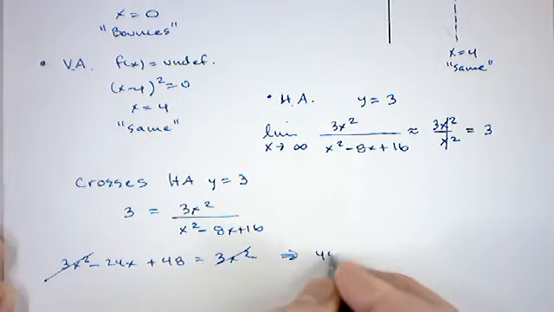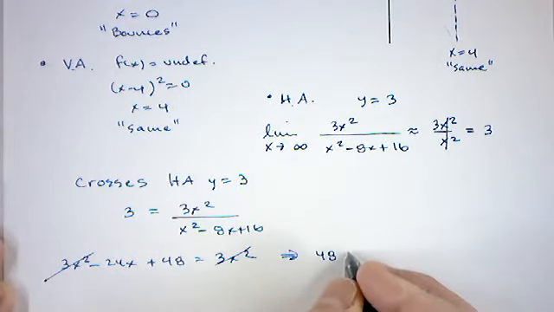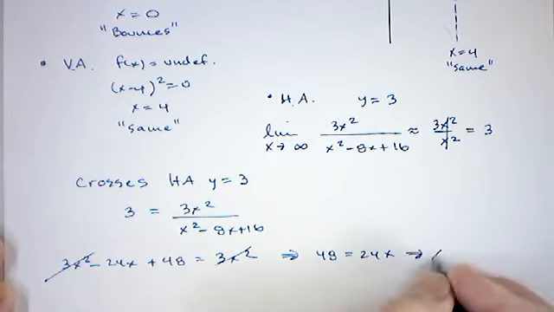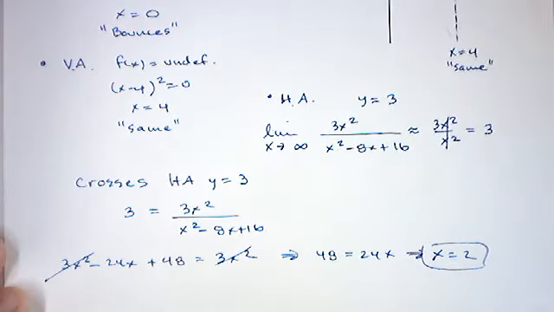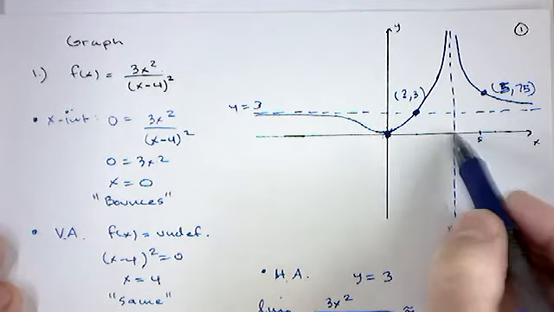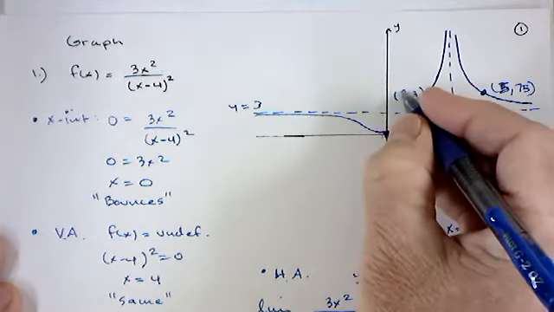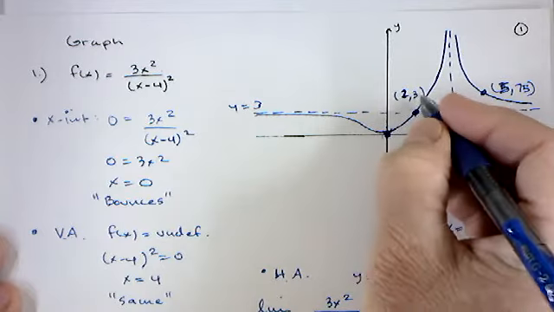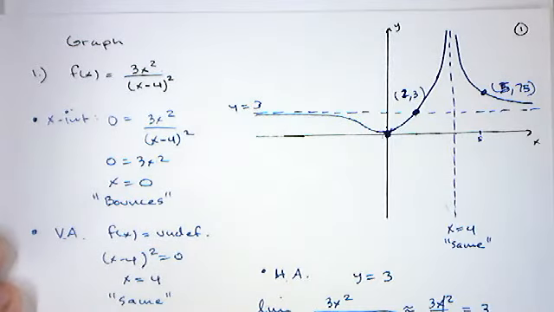If I move the 24x over to the other side and divide by 24, we get that x is equal to 2. If you go back to your graph, that seems very reasonable. This point where it crosses, this is 4, this is 0, it actually crosses here. My question mark almost looks like a 2. It crosses at the point (2, 3).